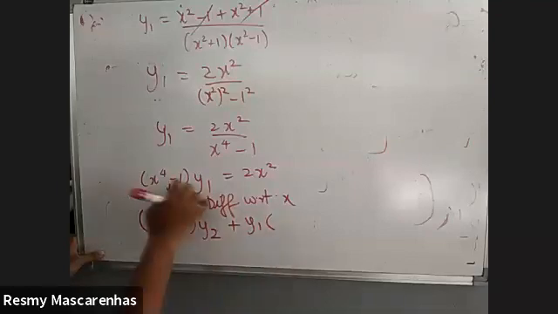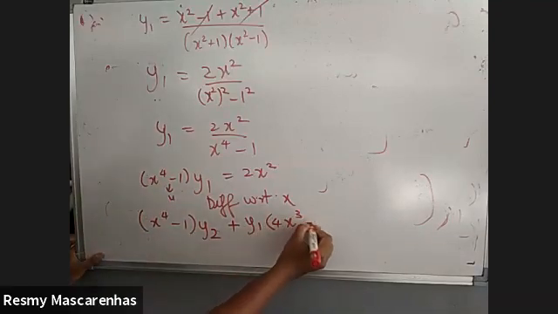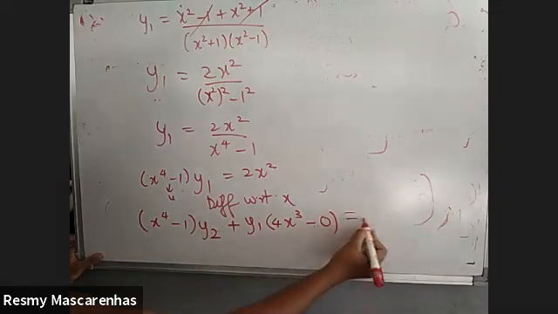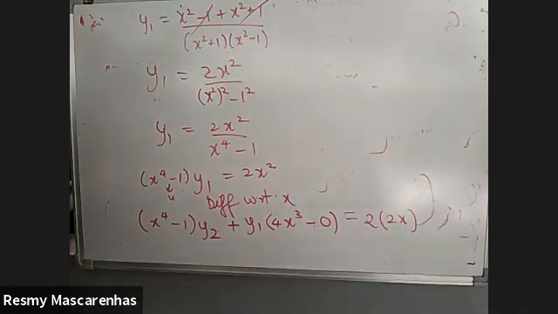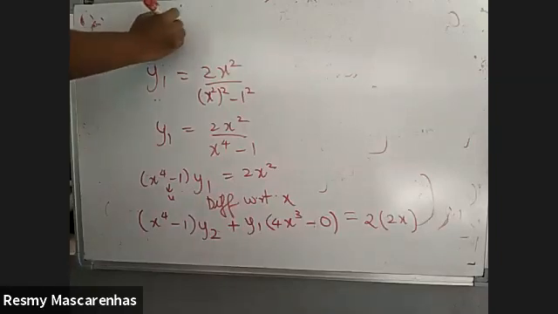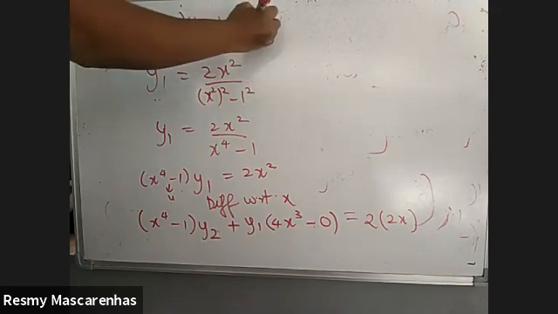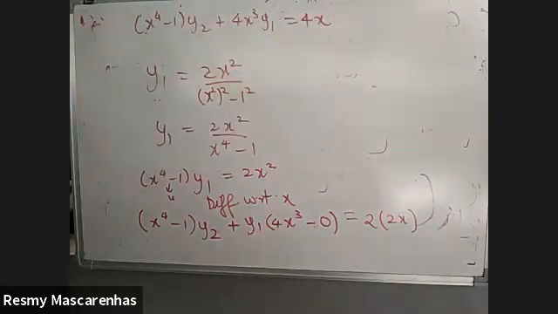So y1 into derivative of x raised to 4 will be 4x cube minus 0. This will be 2 and this will be 2x. I think that's the answer what has been expected. So it will be x raised to 4 minus 1 y2 is equal to 4x.